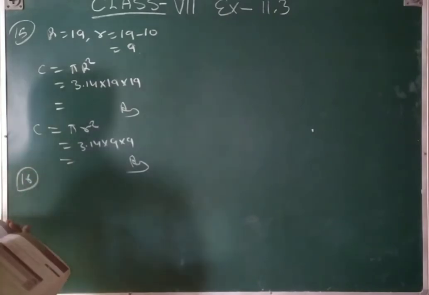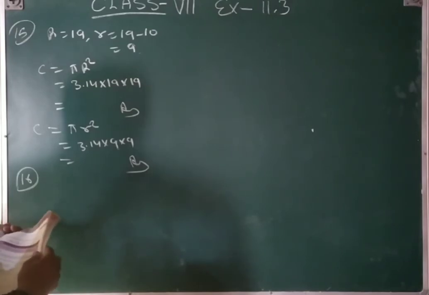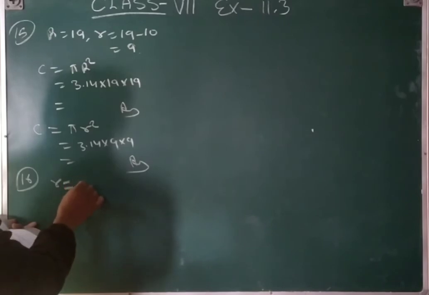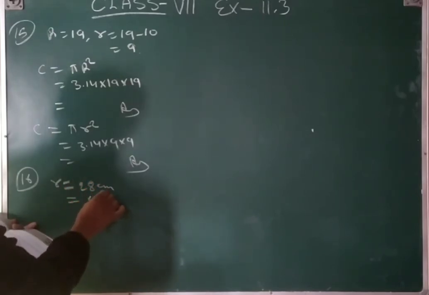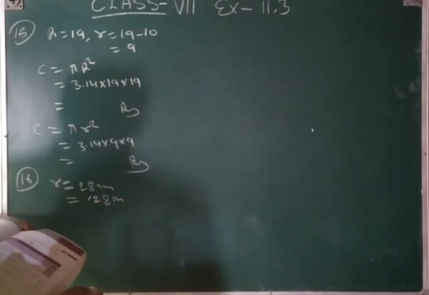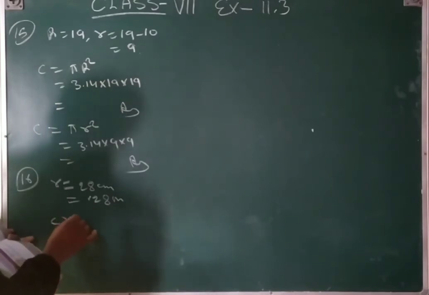16th question: how many times must a wheel of radius, this one, rotate to cover this many meters? So radius is given as 28 centimeter. So that will be decimal 28 meter, because the distance to go is given in meters. So circumference is equal to 2 pi r.